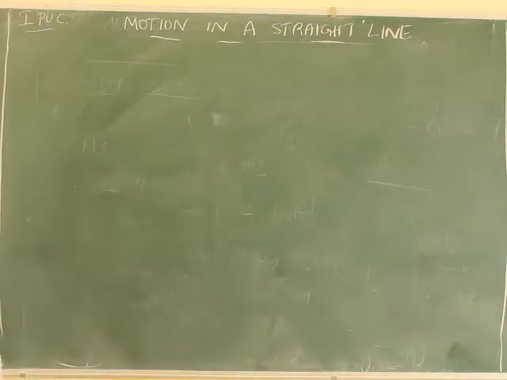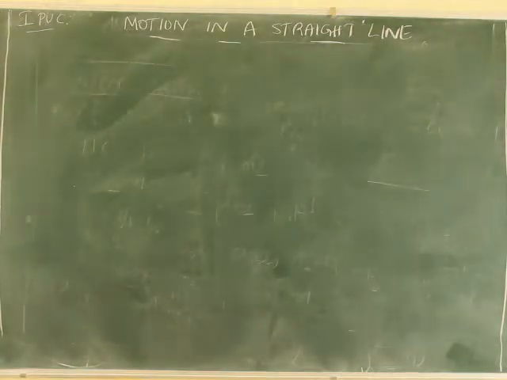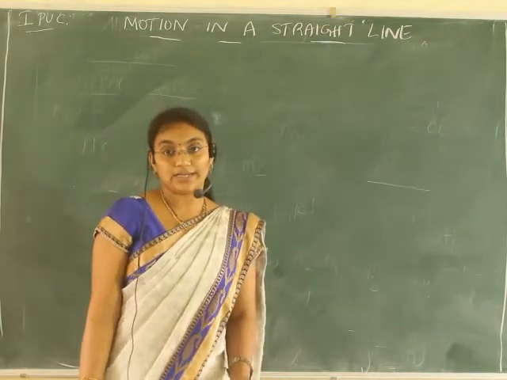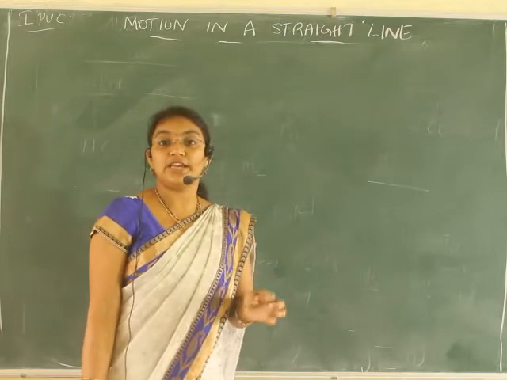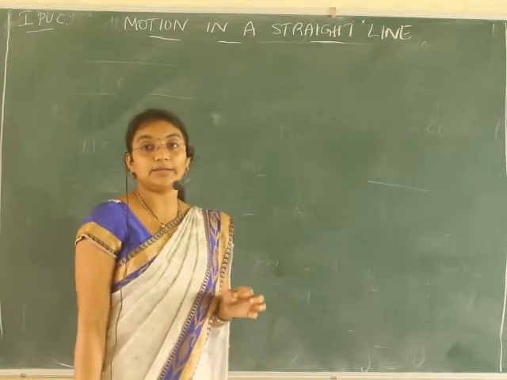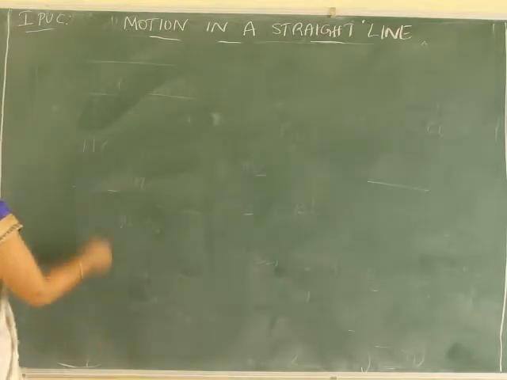Now, what I want to speak about is the term called speed, correct? What do you mean by speed? Speed is nothing but the distance traveled by the body in time, or else I'll call it the rate of change of distance.